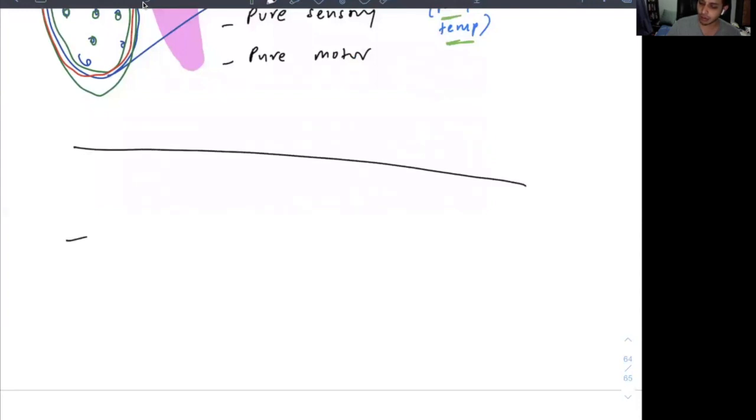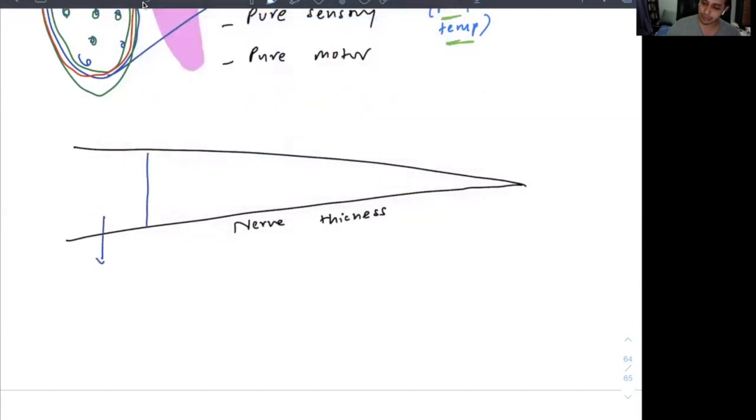So supposing we draw this sort of a triangle, and this represents your nerve thickness. Okay, so the nerve fibers that are maximally thick, so this goes from A alpha, A beta, A delta, and C, and it can also be called 1A, 1B, 2, 3, so on.